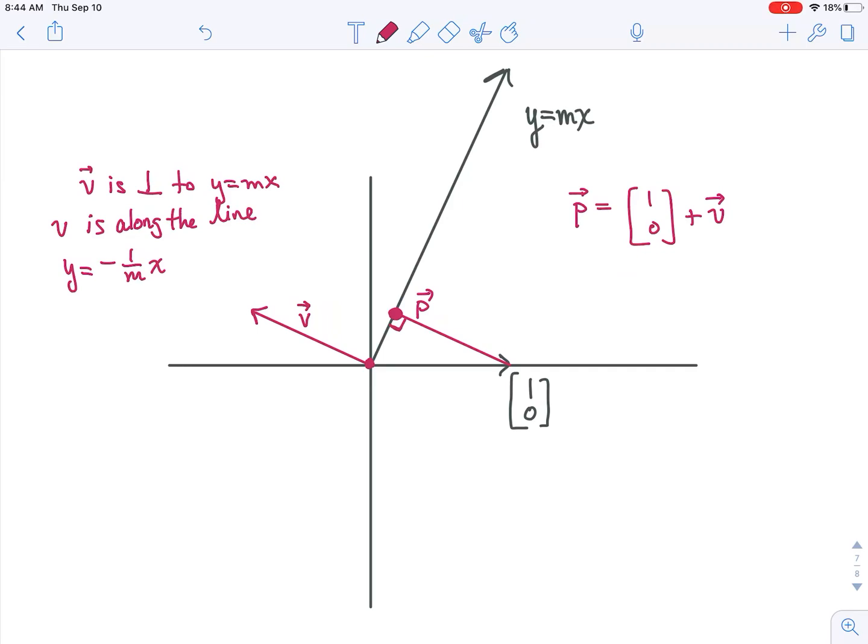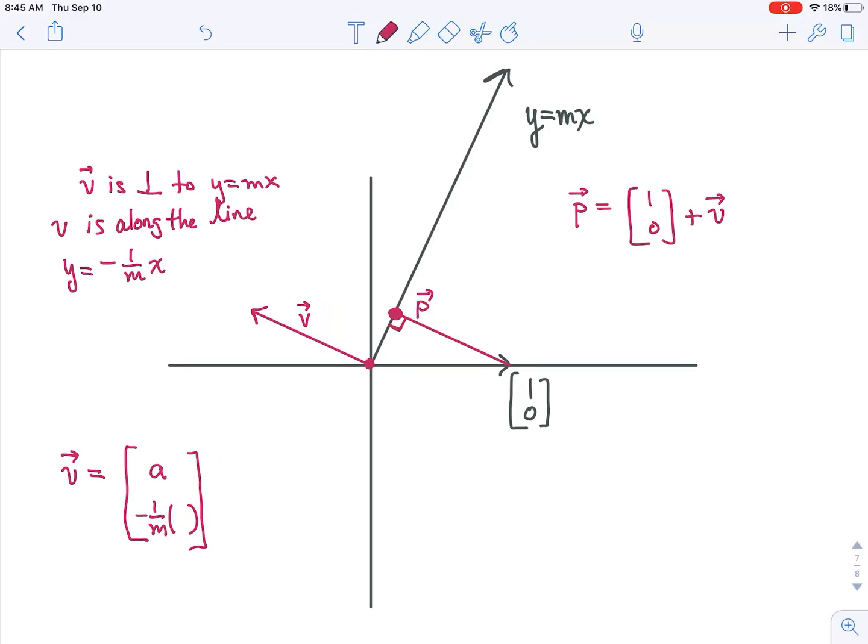Right? And so what I know about this vector v is that I don't know what the coordinates are, but whatever the y coordinate is needs to be negative 1 over m times the x coordinate. And so I don't know what the x coordinate is, let's call it a, okay? So now we have our vector v.